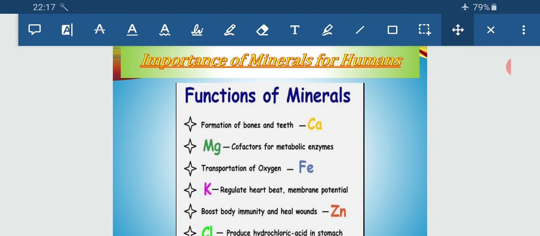That means you cannot live a healthy life. So that 1% mineral intake is very much needed to support the 99% of food stuff intake.